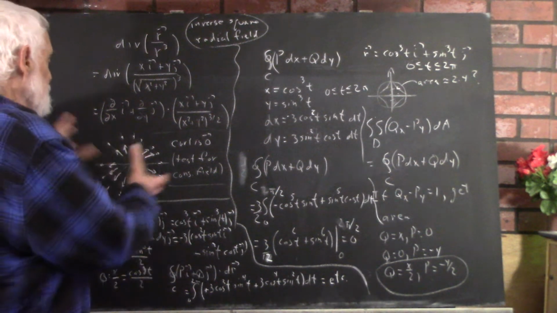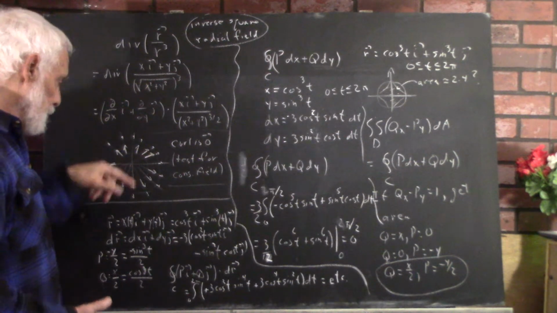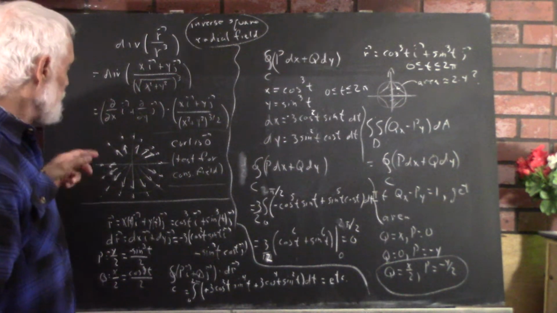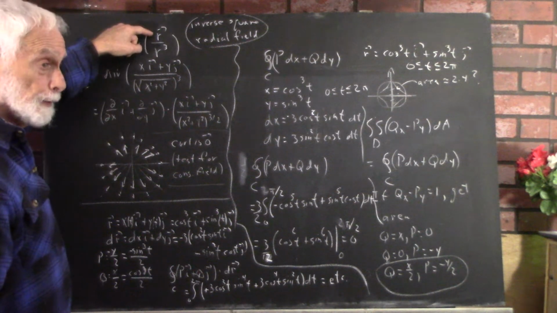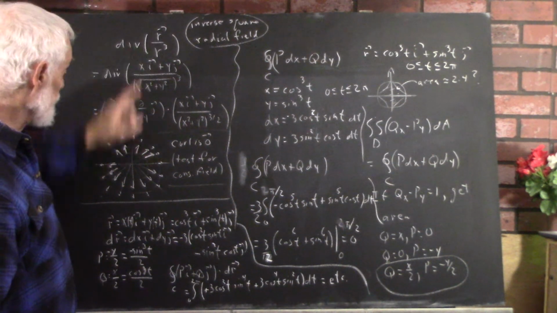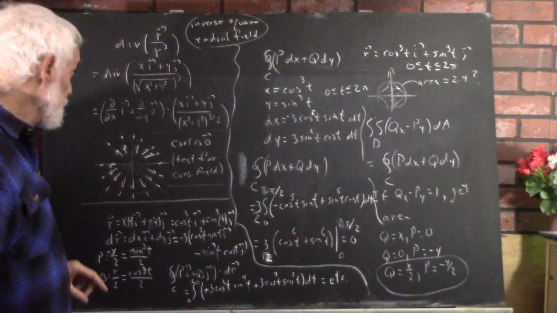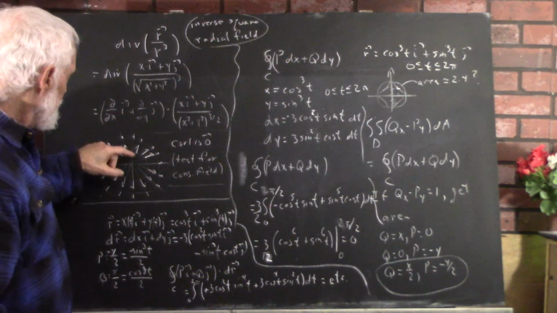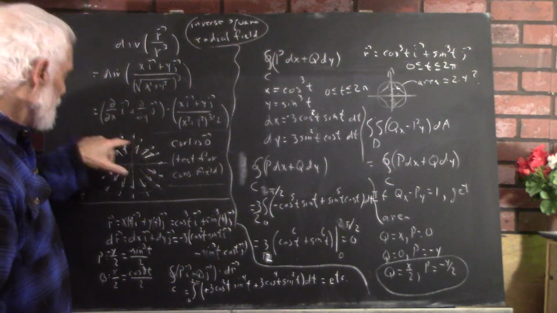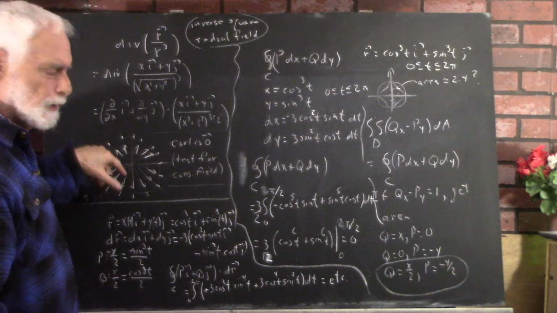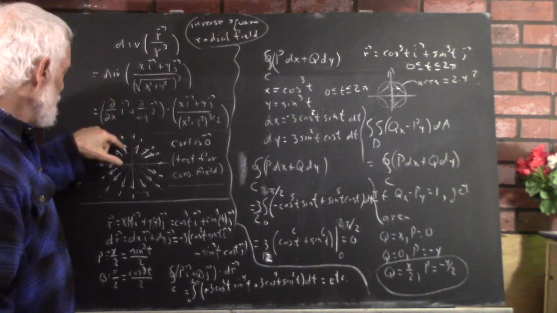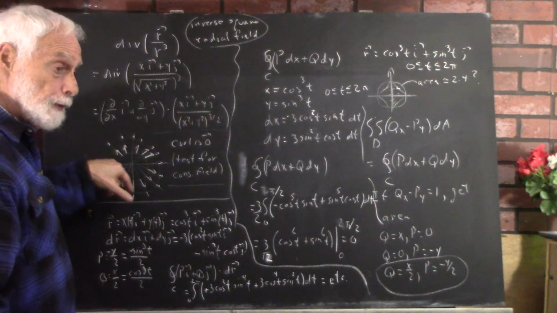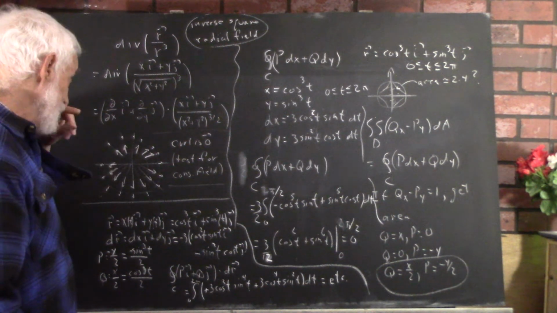In the first place, this is a radial field. Now I've depicted the field here. It's an inverse square field and it's radial because it's always in the direction of the r vector, so it's always in the direction away from the origin. And on this circle, assuming this is a circle of uniform radius centered at the origin, we have some uniform magnitude of the field around this circle.